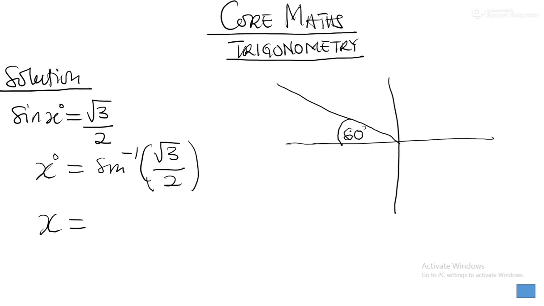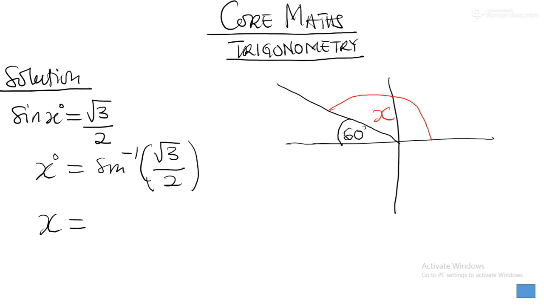So it means that our main angle will be here, from here to here. So how do we get the main angle? We can get the main angle by subtracting the 60 from 180.